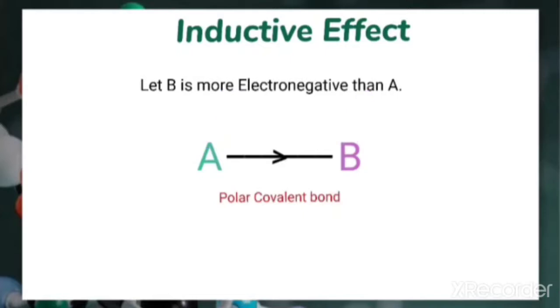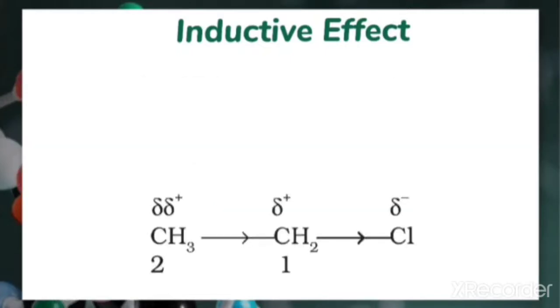Let us consider an organic molecule, the example of chloroethane. This is chloroethane. In this, chlorine is more electronegative. As we know, the bond formed here is a covalent bond. Due to the electronegativity difference, the bond formed between these two is a polar bond, and the electron density will be closer to Cl.